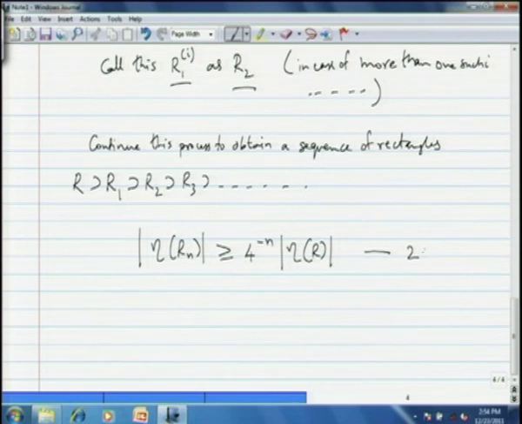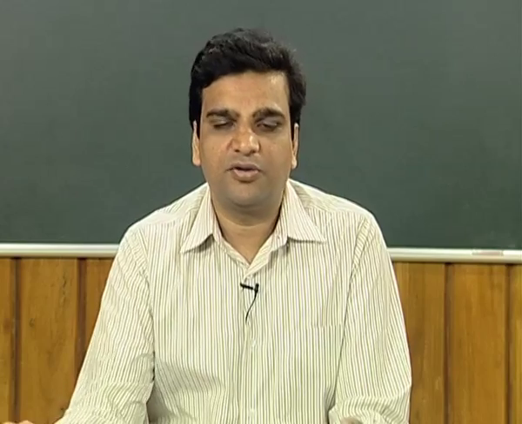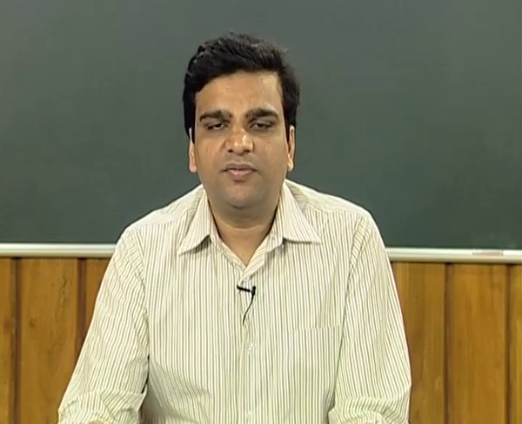We will preserve this inequality, let us call it 2. Now, these are nested sequences of rectangular regions, R_1, R_2, etcetera. From a theorem in topology, we know that the intersection of these is non-empty, and these rectangles are shrinking in area, each one is 1/4 of the previous one.